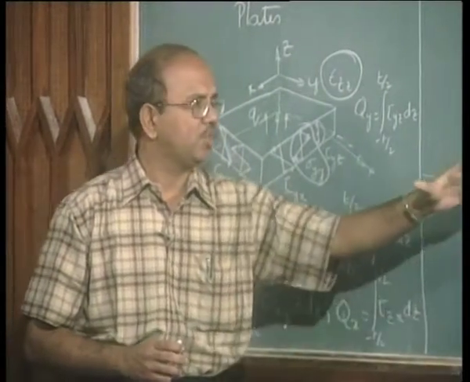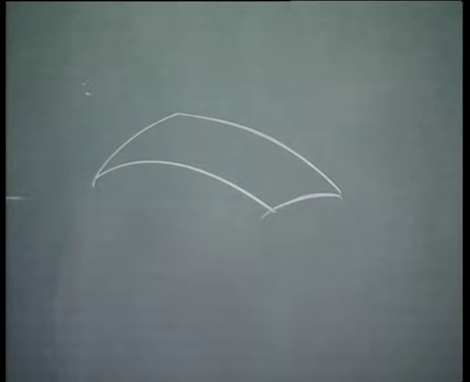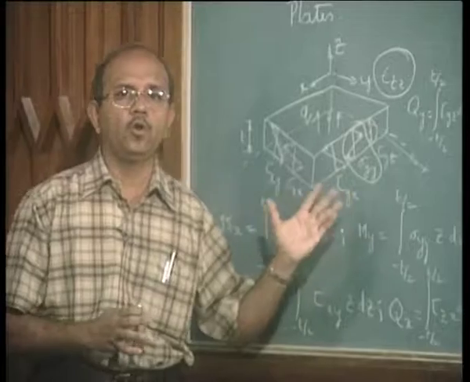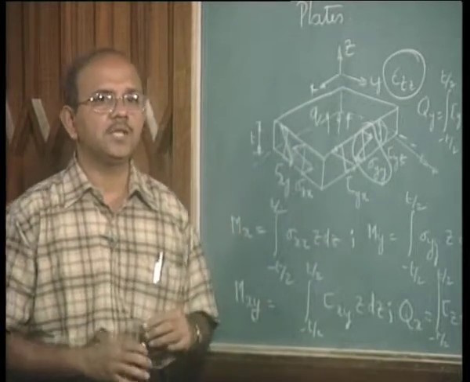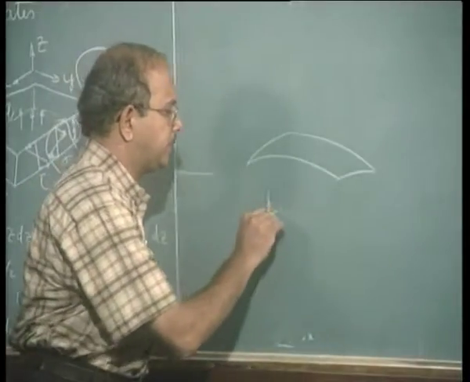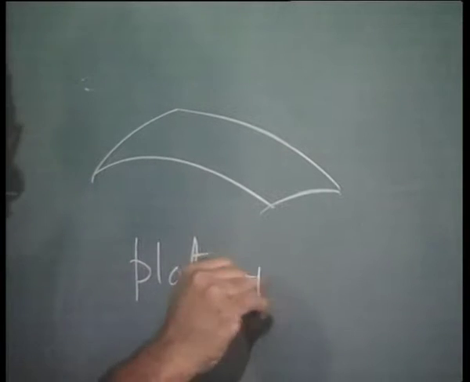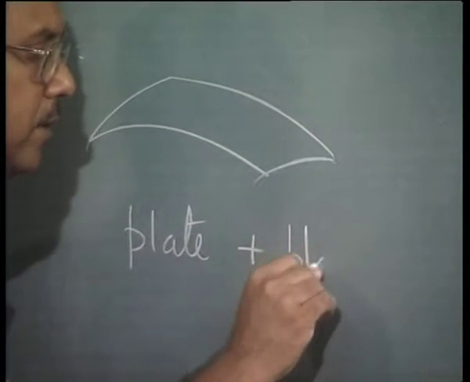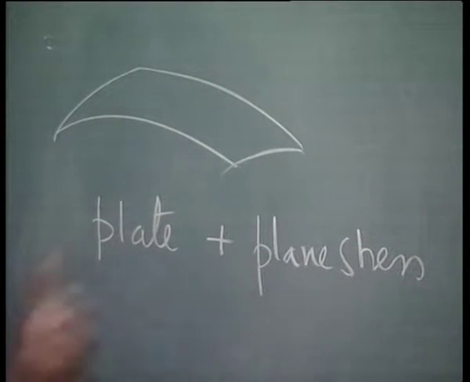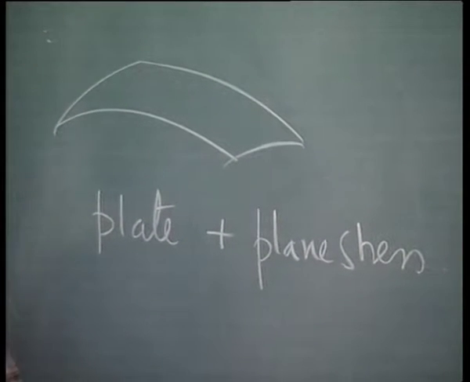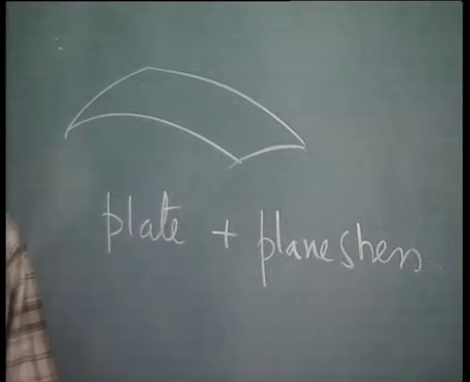So shells have a structure which is geometrically quite different from a plate. What is the effect of these structures? The effect is that in a plate the whole load is taken by bending. In shells we have plate behavior plus plane stress behavior. We have bending and what we call membrane behavior.